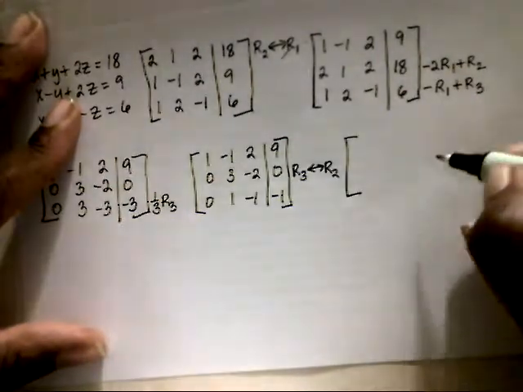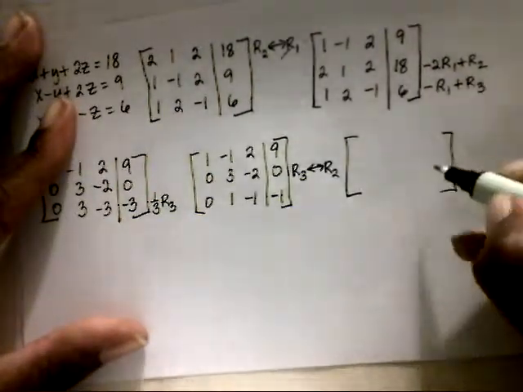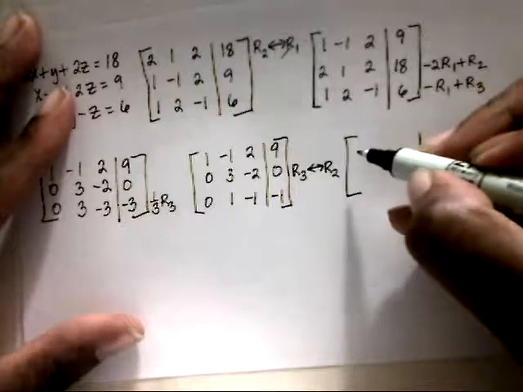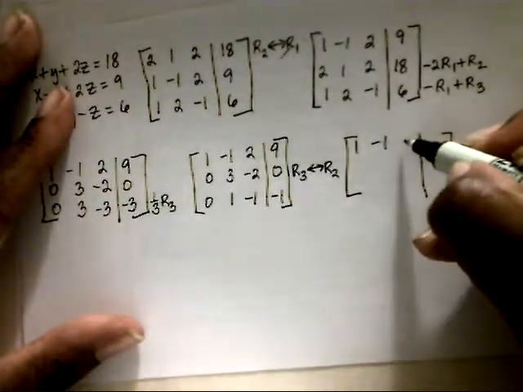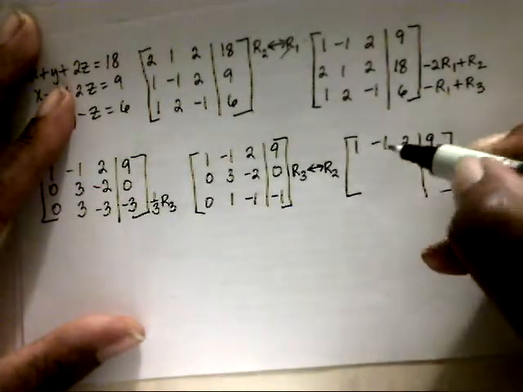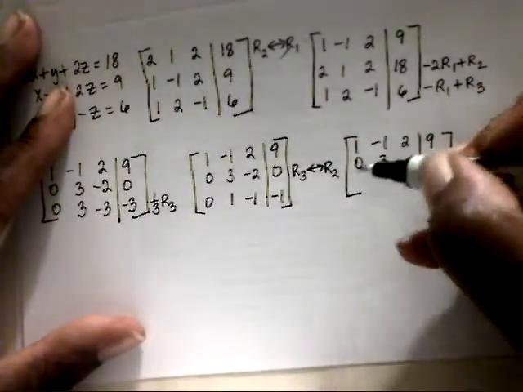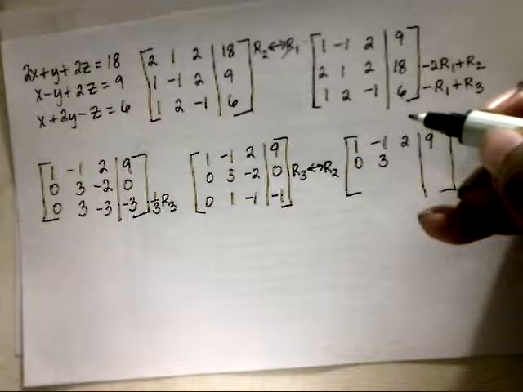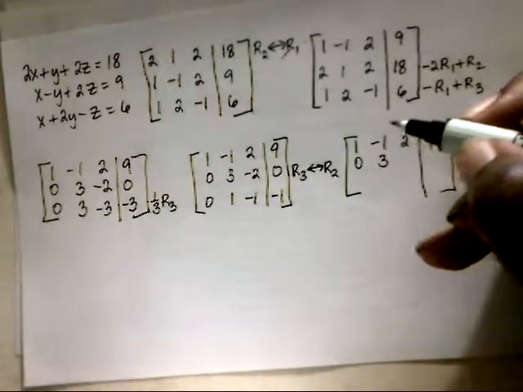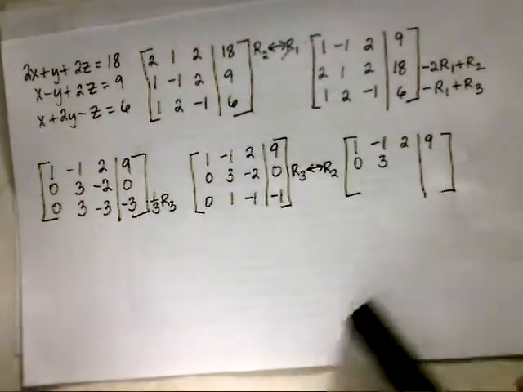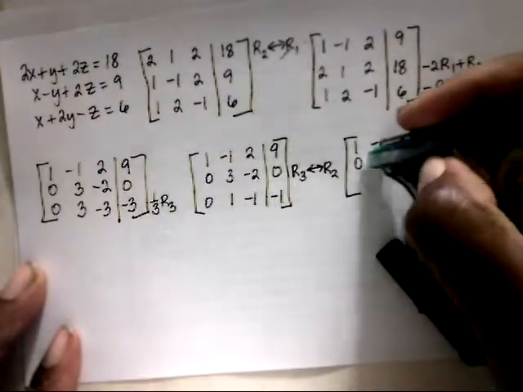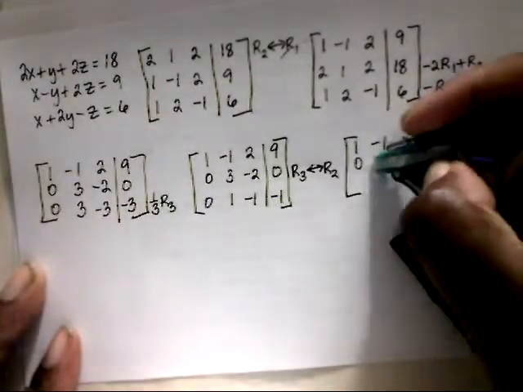And when that happens, the first row remains the same, which is 1, negative 1, 2, and 9. And then this should be a 1 right here because I'm interchanging row 3 and row 2.